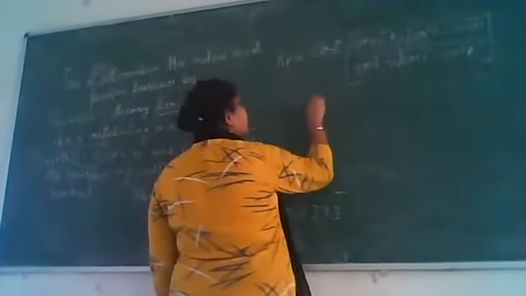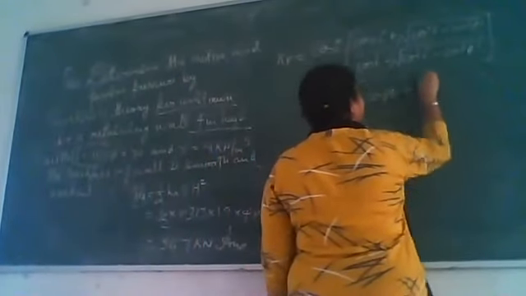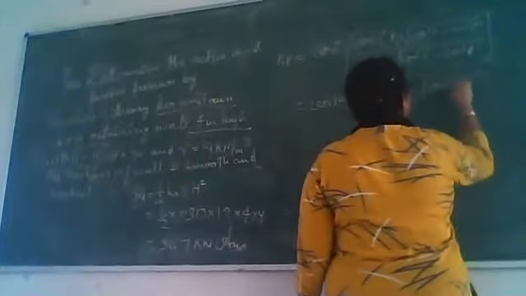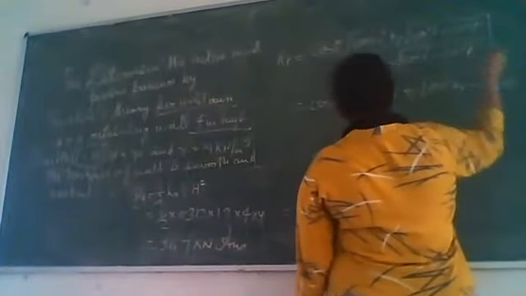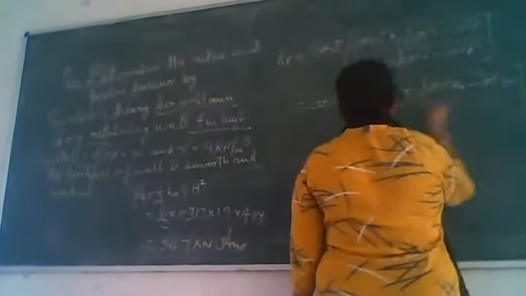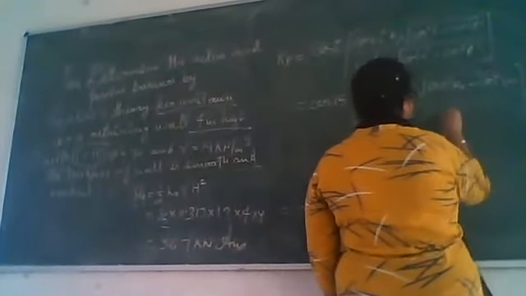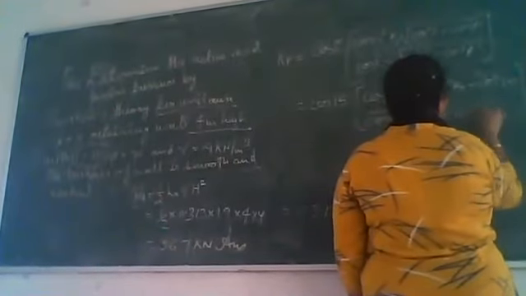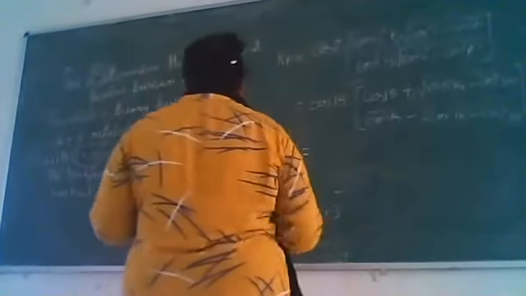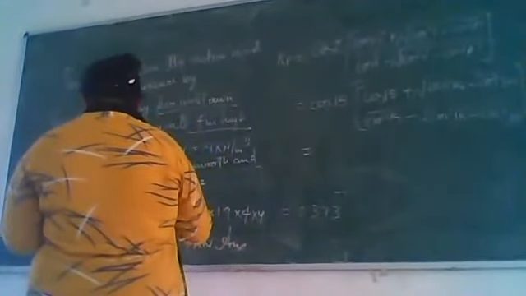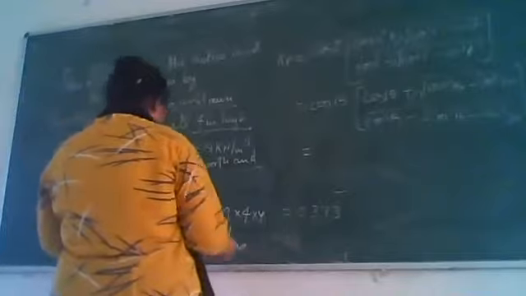Next, we put the value of cos I and the value of cos phi dash. After calculating, the value is 2.48.